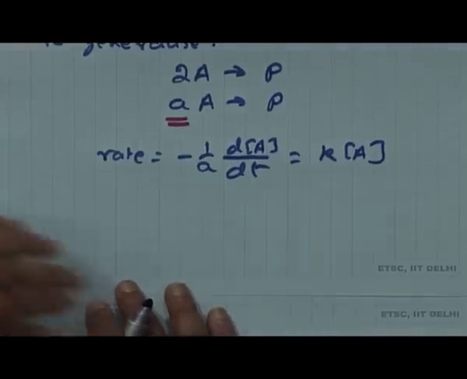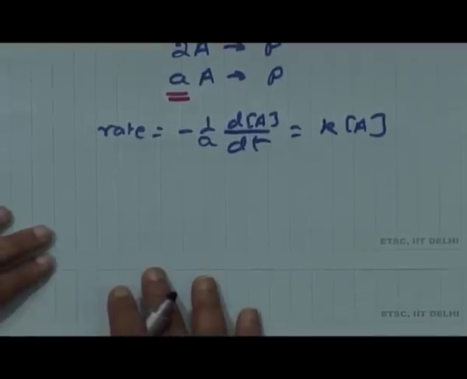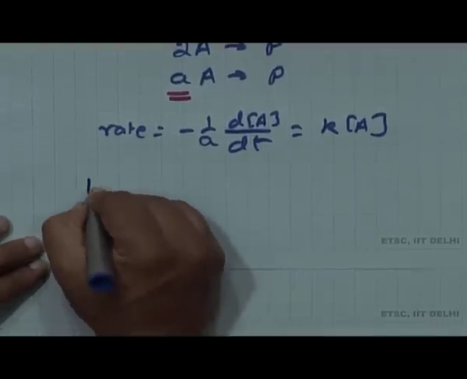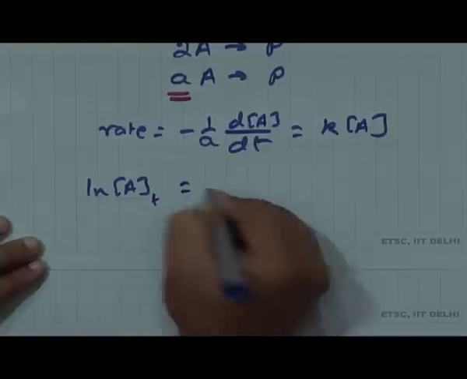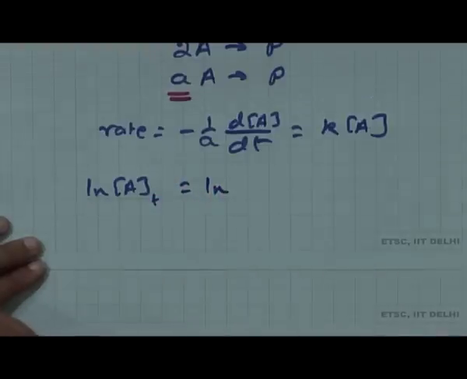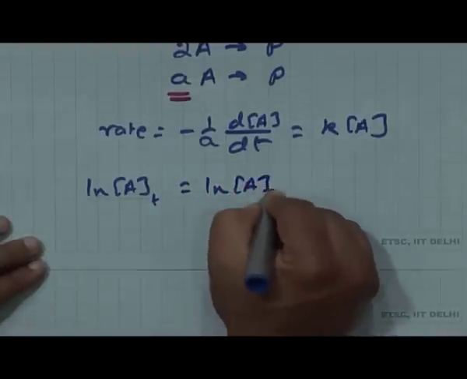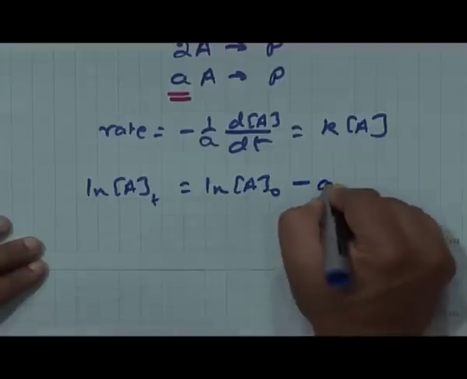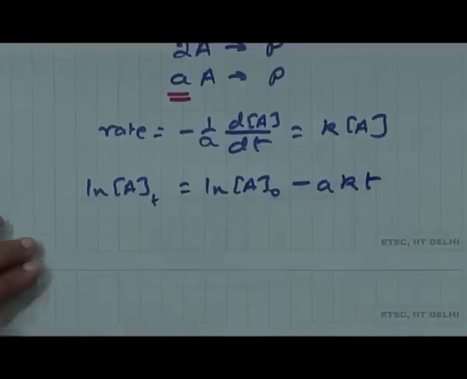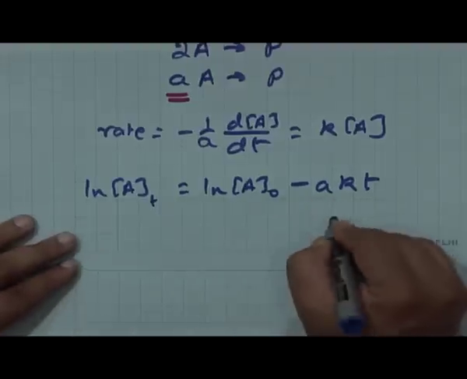When I integrate, I end up with ln[A] at time t equal to ln[A]0 minus aKt.